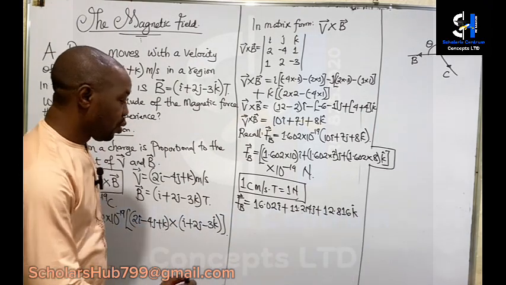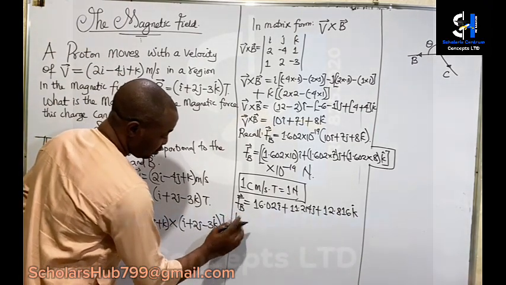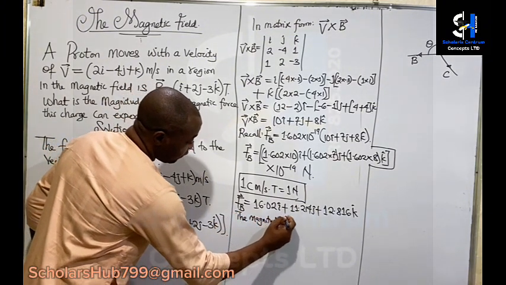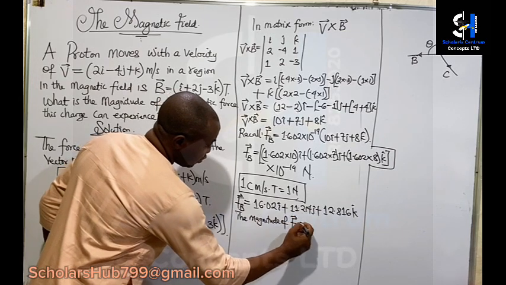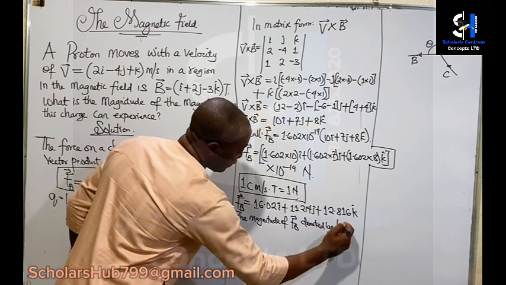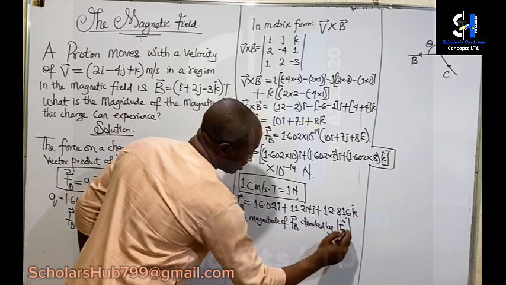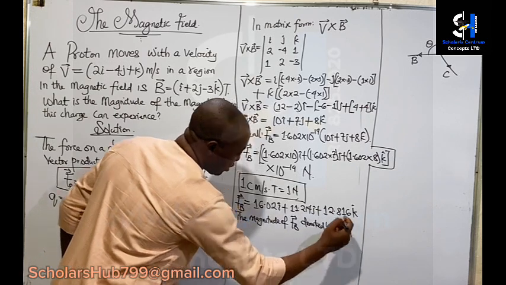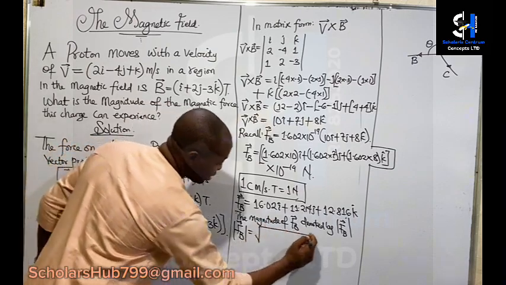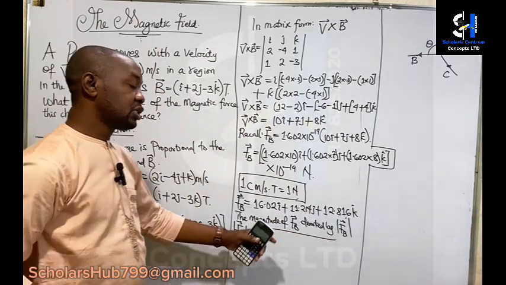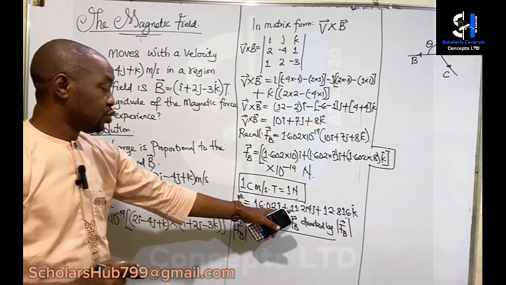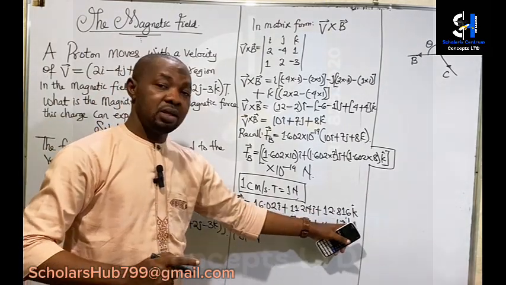To find the magnitude of F, we can write the square root of, and remember in this case we use the dot product. When we square I, that will be 1. When we square J, that will be 1. When we square K, that will be 1.